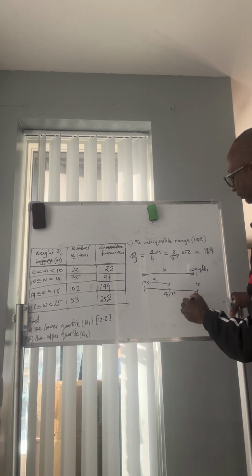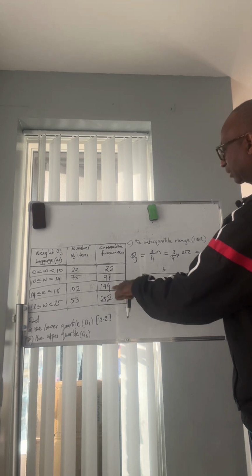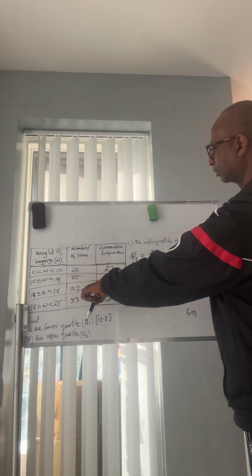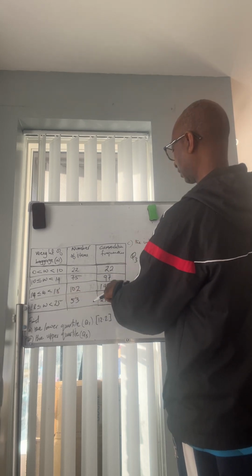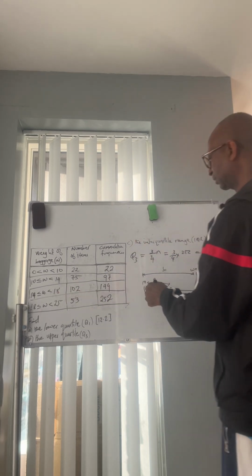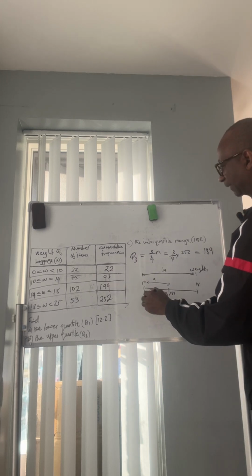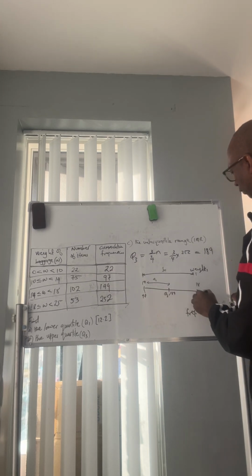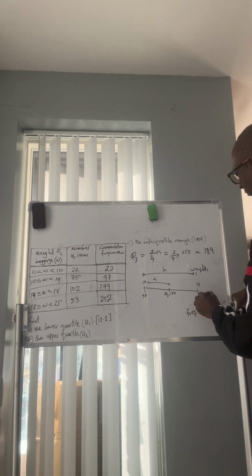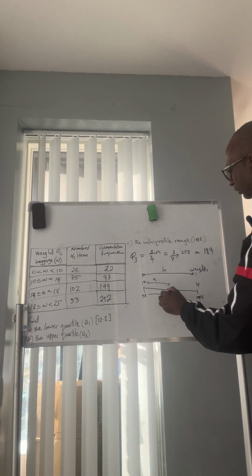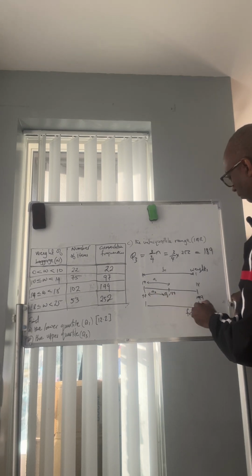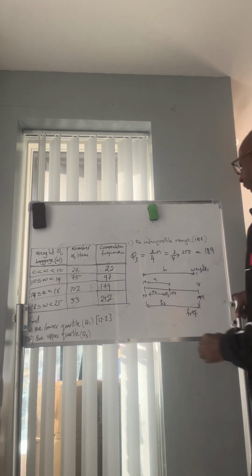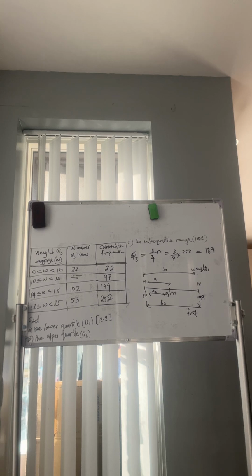On the frequency side, we know it starts from, what did they say? 189. 189 is here, so the frequency lies between these values, A2 and B2. I hope you understand how these figures have been represented on the line.